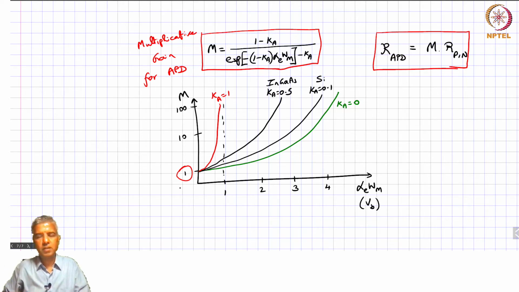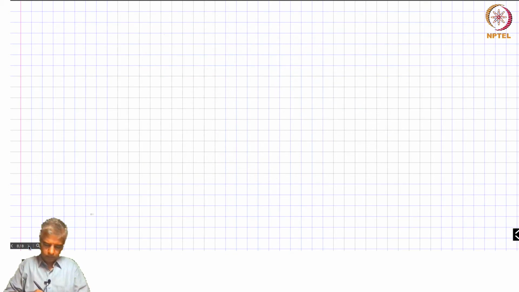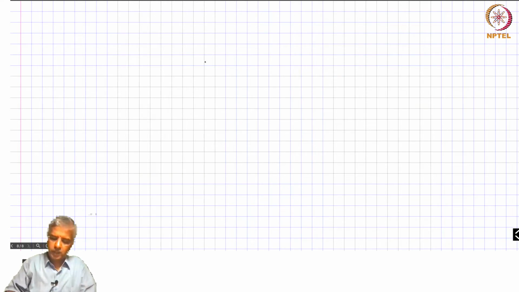Now let's move on and try to quantify what we mean by having more noise as you go to higher gain values. So how do you quantify that? Well, that can be quantified by what is called the excess noise factor. You can go to a fresh page and look at that.